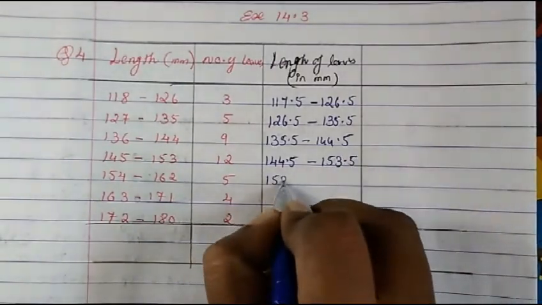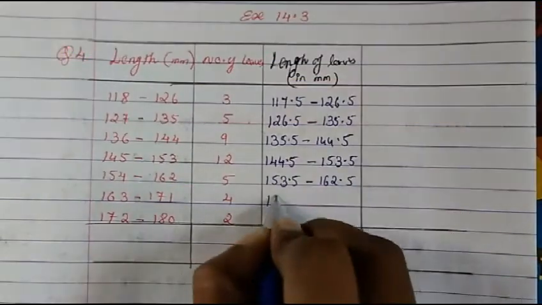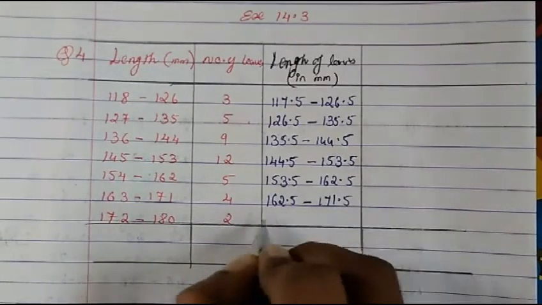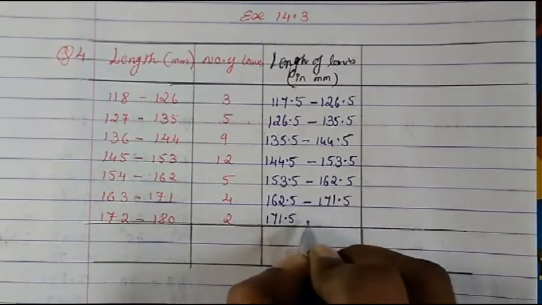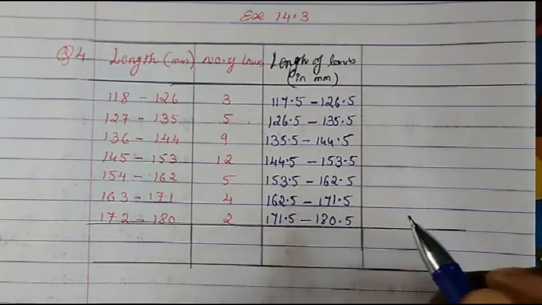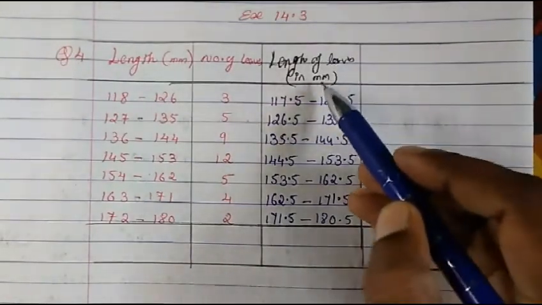So 153.5 to 162.5, 162.5 to 171.5, to 180.5. So like that we have to convert this. This is our length of the leaves in millimeter.